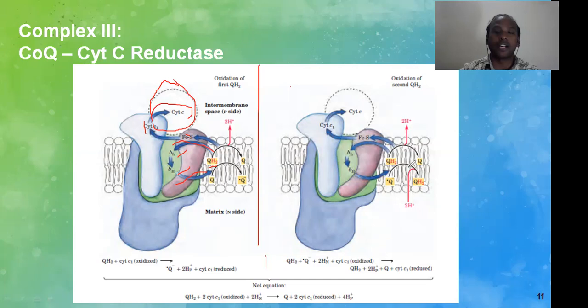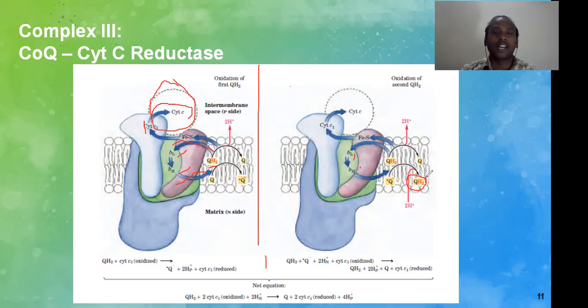In the second half, one more electron is formed, which again goes back to the heme center, BL and BH, and gives to the oxidized ubiquinone, and this is converted into the reduced form. So finally the ubiquinone is regenerated.